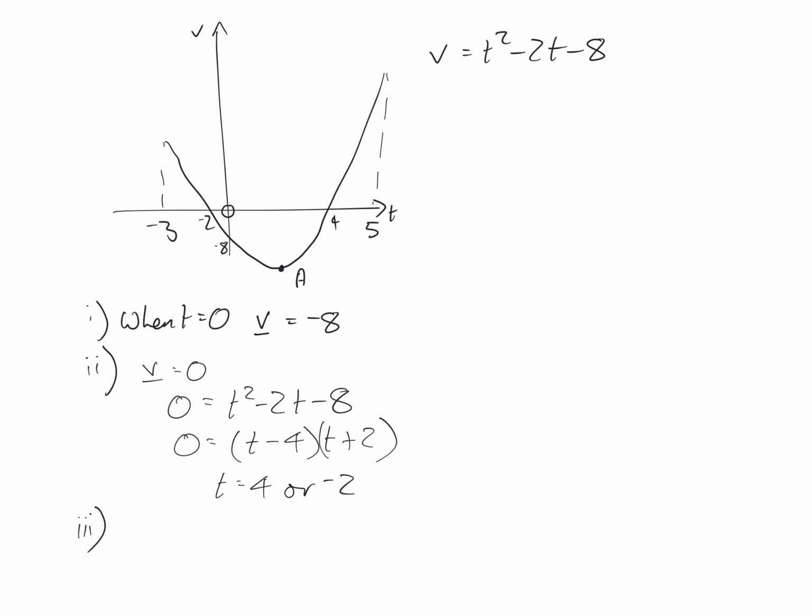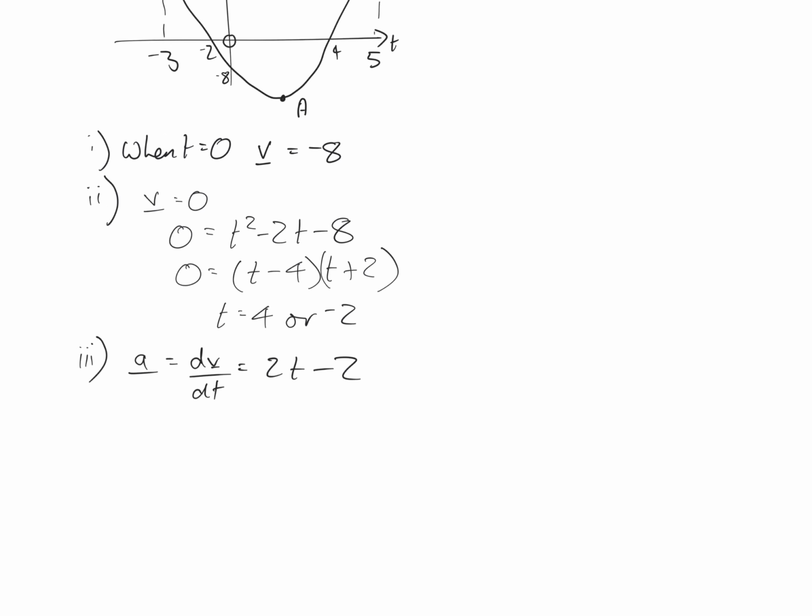Determine the velocity of the insect when the acceleration is 0. So, acceleration equals dv by dt, which is 2t minus 2. When a equals 0, 0 equals 2t minus 2, t equals 1, and we want the velocity.